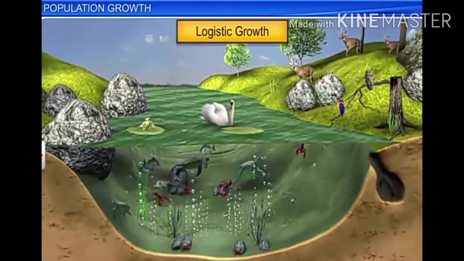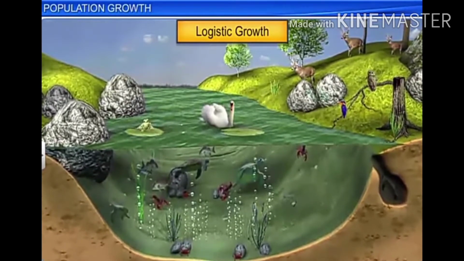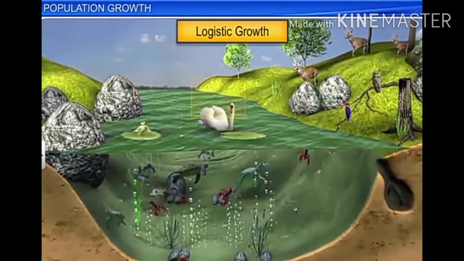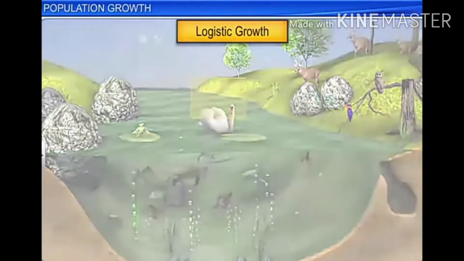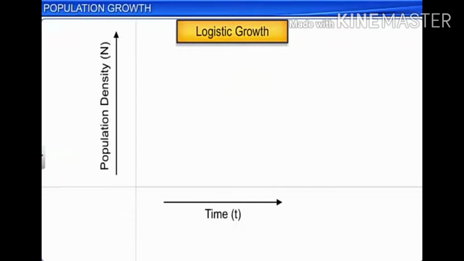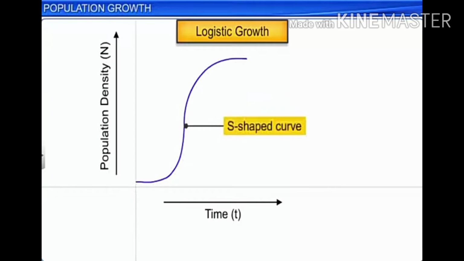Let us consider the population growth pattern of the mandarin duck in this wetland. For this, we plot various readings of population density against time. On plotting the readings, you will notice an S-shaped curve or a sigmoid curve.